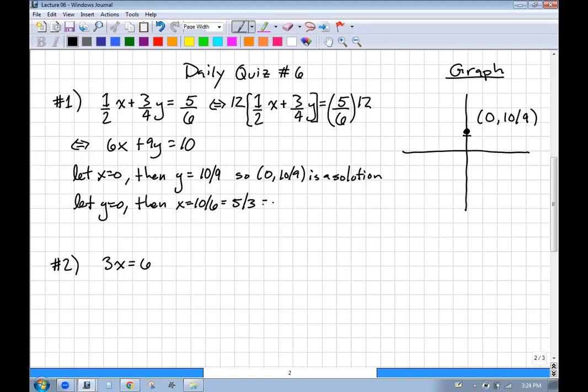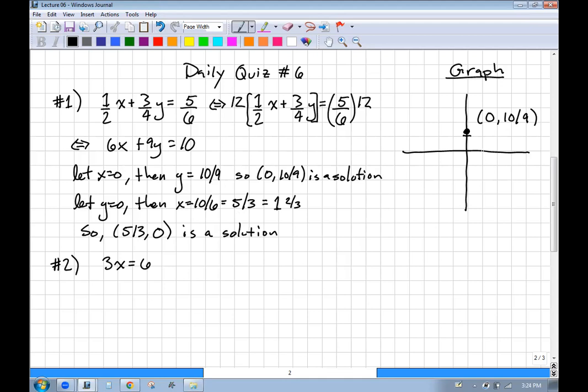And 5/3 is like, what, 1 2/3? Yeah. So 5/3, right? That's my x value, and 5/3, 0 is a solution.